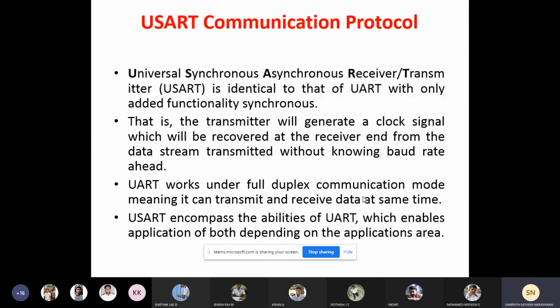So in USART, it generates a clock signal which can be recovered at the receiver, and the data can be transmitted without knowing the speed at which the data is transmitted. The UART and the USART can transmit and receive in half duplex as well as in full duplex mode, depending upon the application.